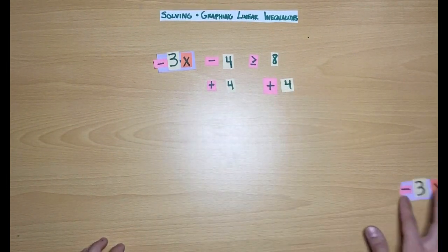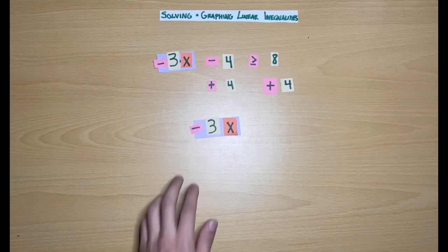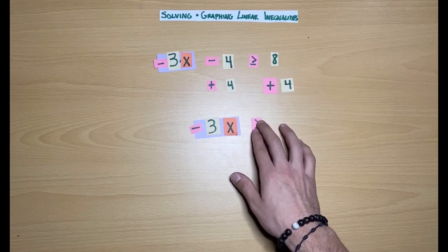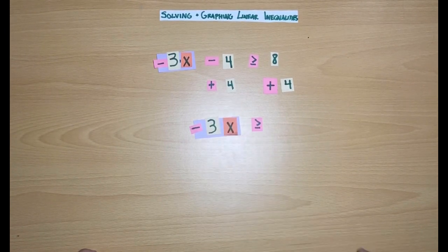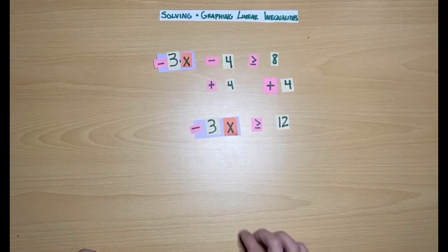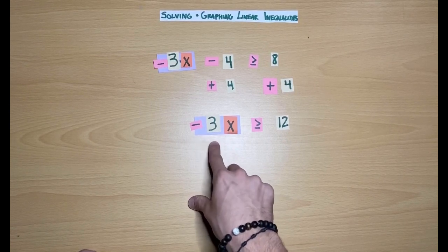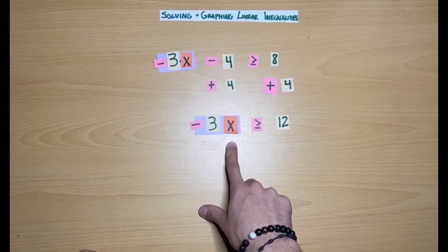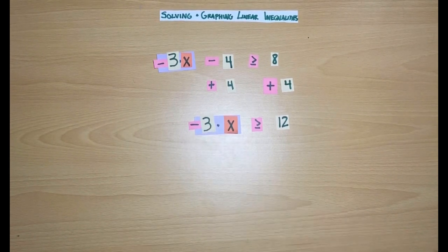Now we would have negative 3x all by itself. We keep that inequality the same because we did not multiply or divide by a negative number. And then 8 plus 4 is 12. Now to continue, we want to get rid of this negative 3 that's attached to the x. And so negative 3x is negative 3 times x.